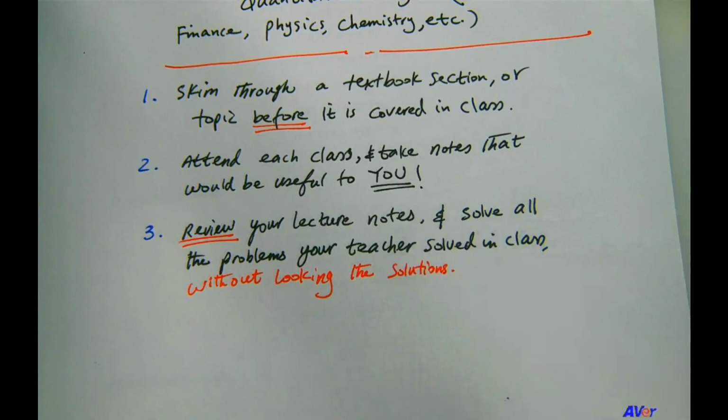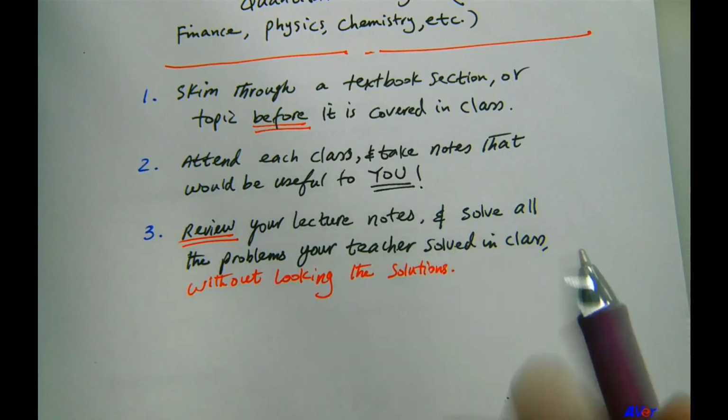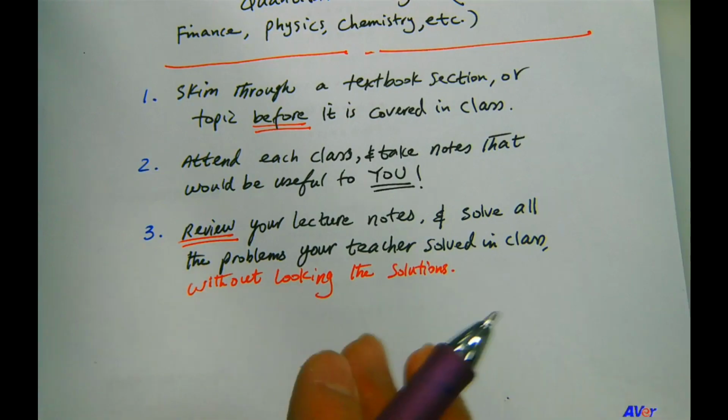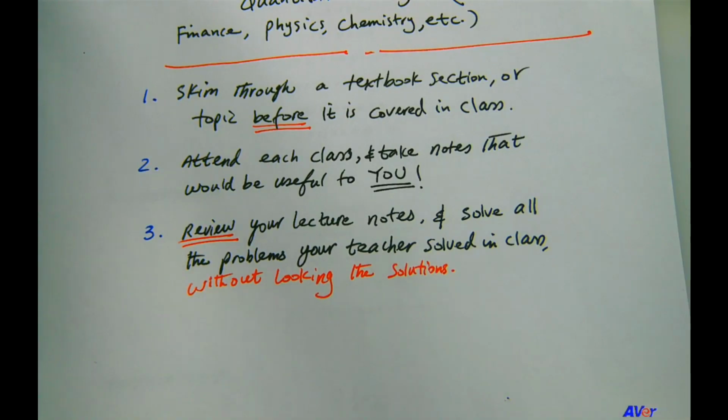You've taken notes, you already have the solutions, but don't look at them, because that would be memorizing somebody else's work, somebody else's thinking and approach. You want to solve these problems on your own, because that will force you to generate your own thinking.